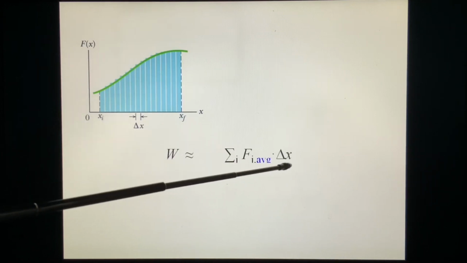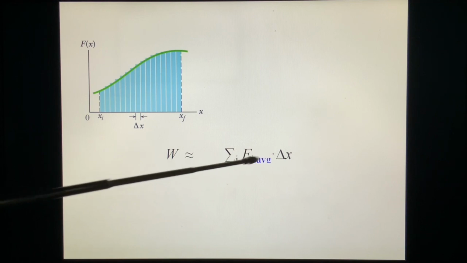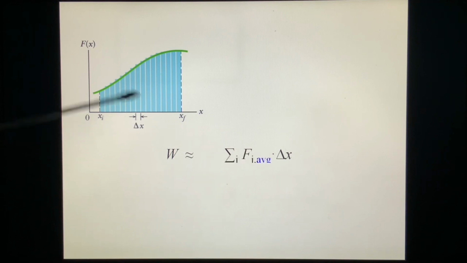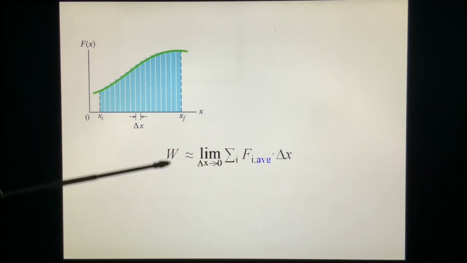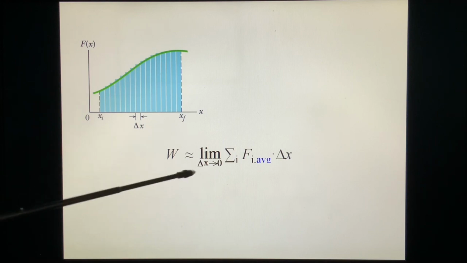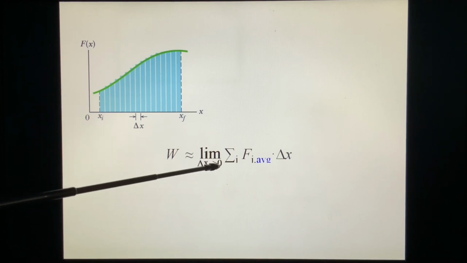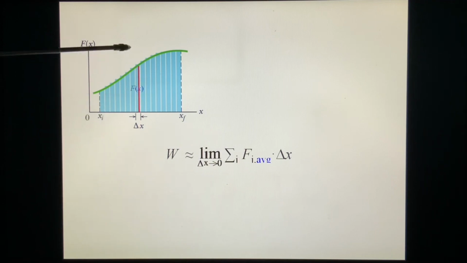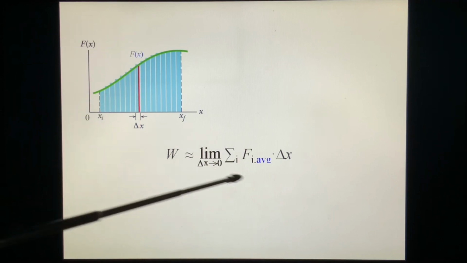We let delta x approach 0, so we have so many strips put together, and this area is almost equal to the real one. When delta x approaches 0, the F average is equivalent to F(x). So we change it to F(x).